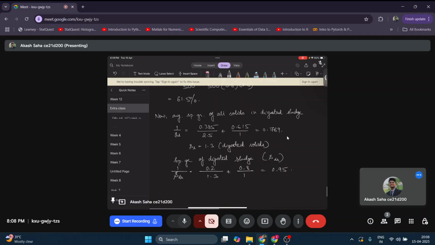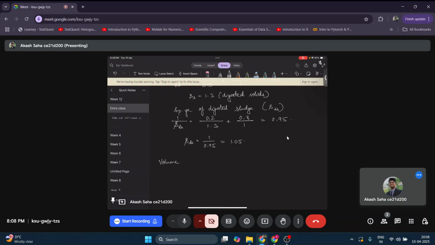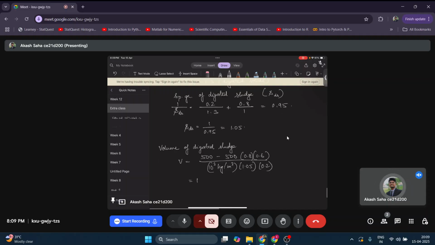So 20% and 80%. Okay, so volume of digested sludge V will be 1.2 meter cube.